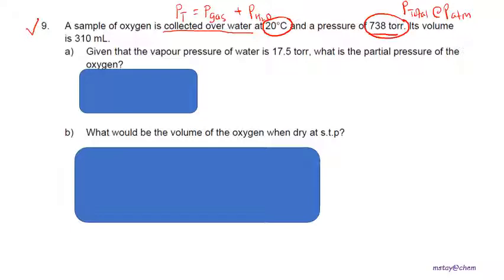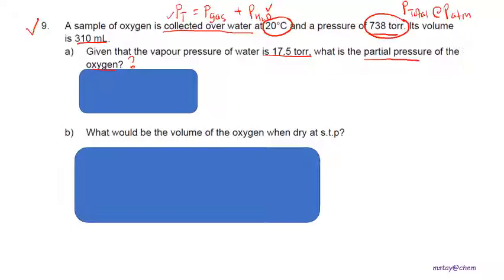And its volume is 310 ml. Given that the vapor pressure of water is 17.5 torr, what is the partial pressure of the oxygen gas? From here, the question gives us the P total and also the water pressure.